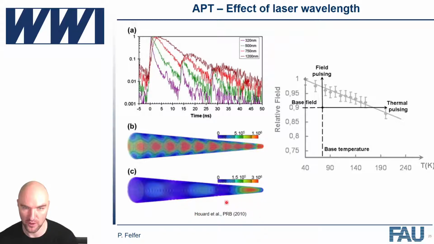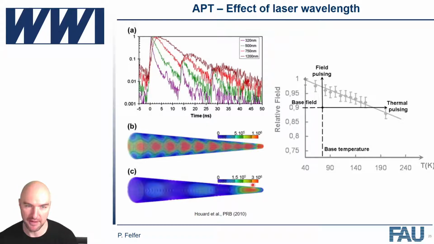This is work from Jonathan from the group in Rouen as well. It's already also 12 years old, where he has shown that what is really relevant is where the first absorption maximum is, and the shorter your wavelength, the closer this absorption maximum is to the apex.